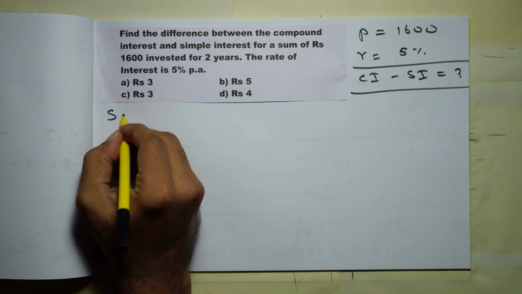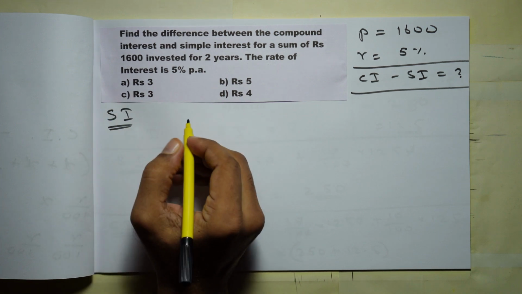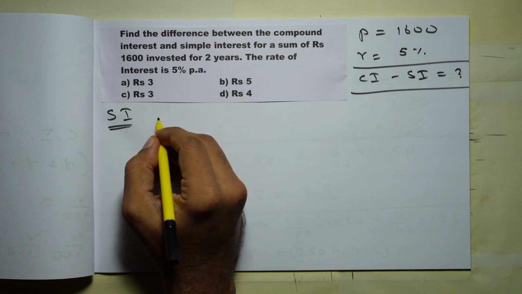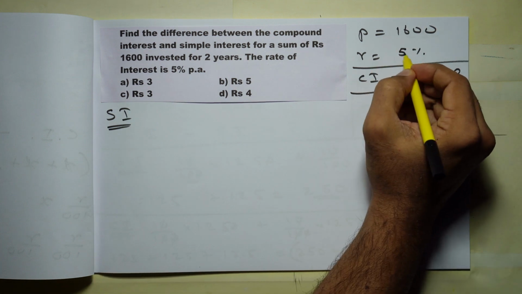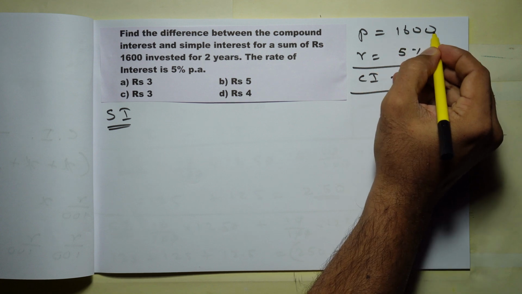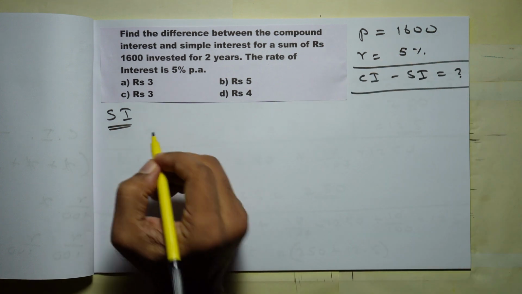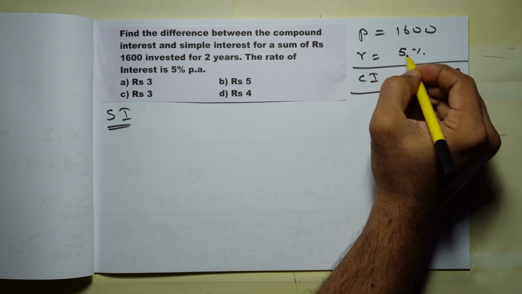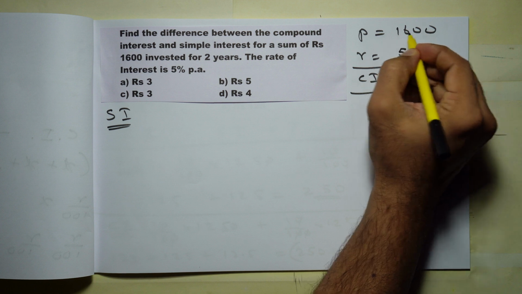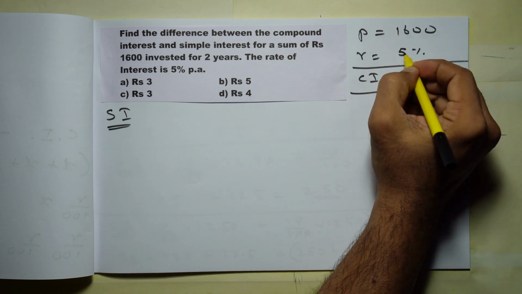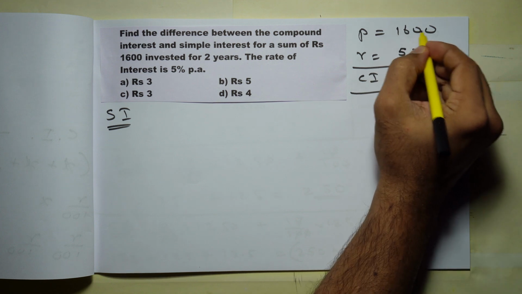So first of all, let us calculate the simple interest for 2 years. Now simple interest for the first year will be R% of principal. R is 5%, so 5% of 1600. That is the first year simple interest. Now to calculate 5% of 1600, 10% of 1600 is 160.